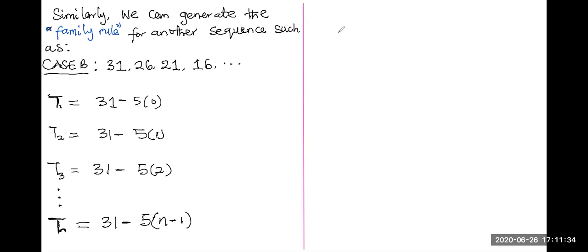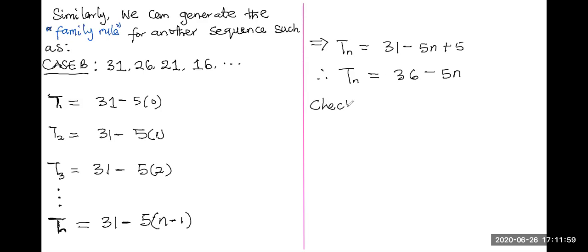And when you use your 5 to expand, our Tn is equal to 31 minus 5n plus 5. All right, therefore, the rule that is governing the numbers in case B will give us 36 minus 5n. We can check whether we are correct.